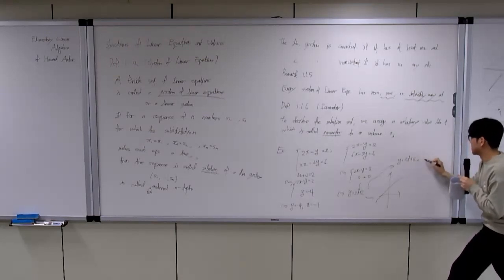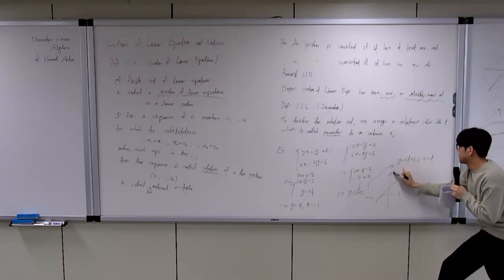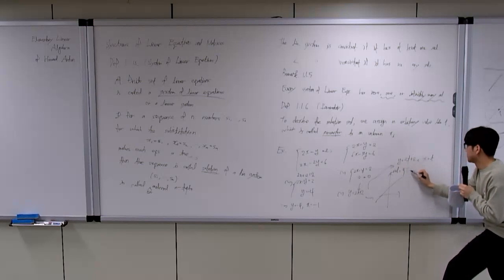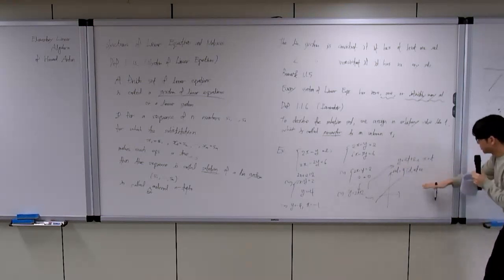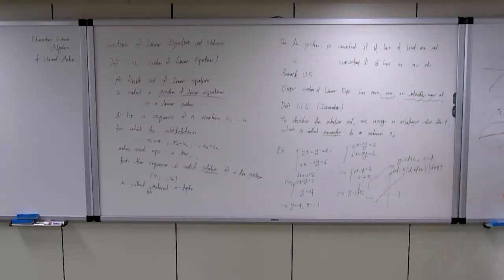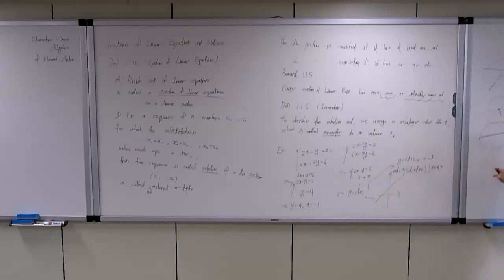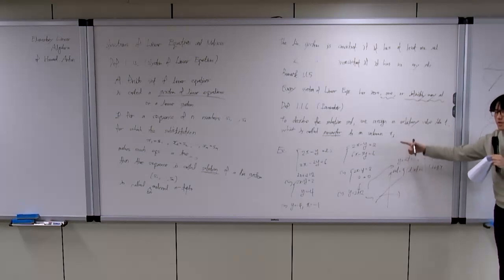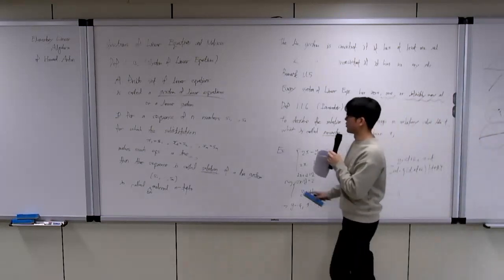So the solution set is the 2-tuple (t, 2t plus 2), where t is a real number. We write it in this form by using a parameter, and this is the role of the parameter.